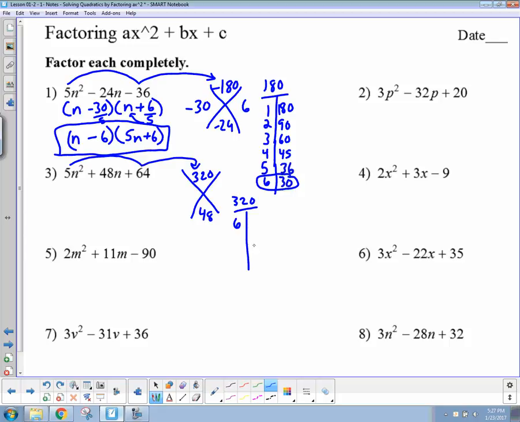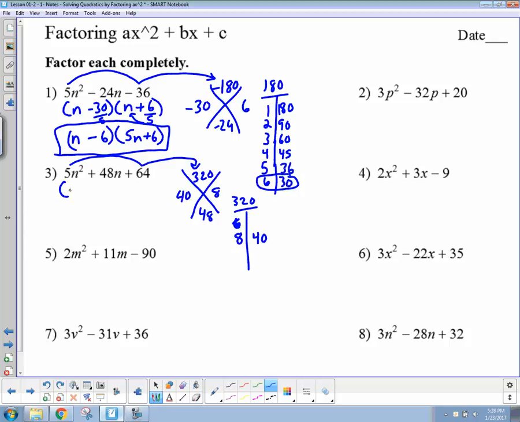Let's try 8. Let's just go ahead and try 8. So let me scribble that out because that doesn't even work. So we're going to try 8. 320 divided by 8, we get 40. Can I work with, oh yes, I can work with that because 40 plus 8 is going to get us 48. So 40 and 8. Since it's all positive, I think we're good to go.